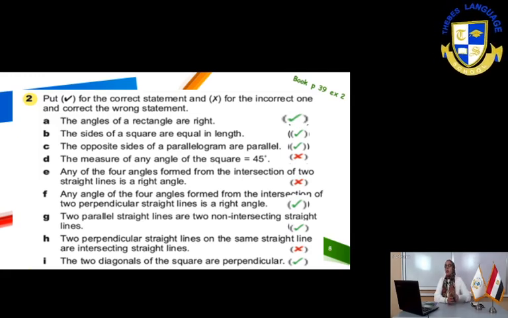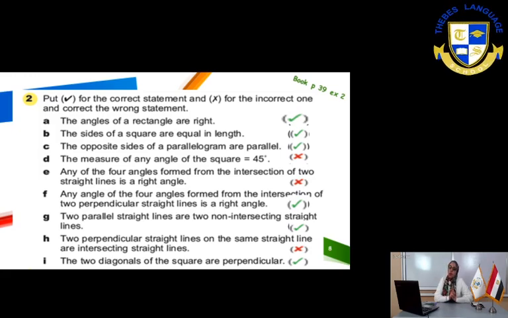And correct the wrong. Okay. Number A. The angles of a rectangle are right. The rectangle, its angles are right? Yes, excellent, right. Number B, the sides of a square are equal in length.